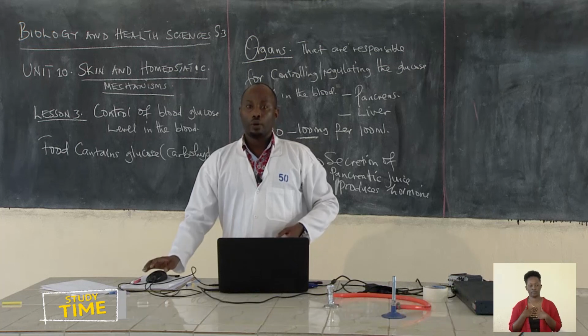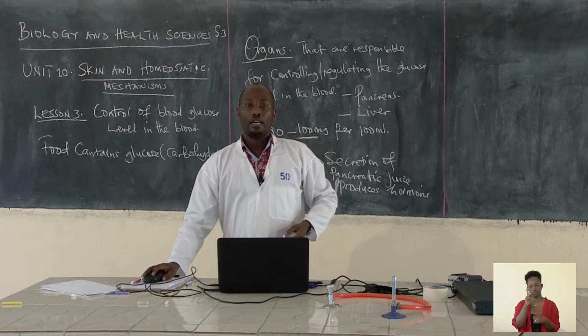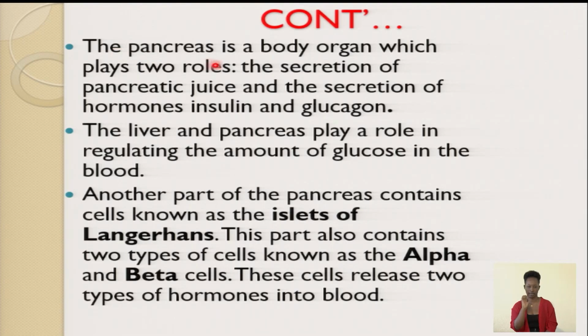Let us go through this. I said the pancreas is an organ which plays 2 roles. Secretion of pancreatic juice, and I know we discussed in a previous lesson that the pancreatic juice plays very many functions. Chemical breakdown of food plays a function in digestion, all right? And also secretion of hormones.